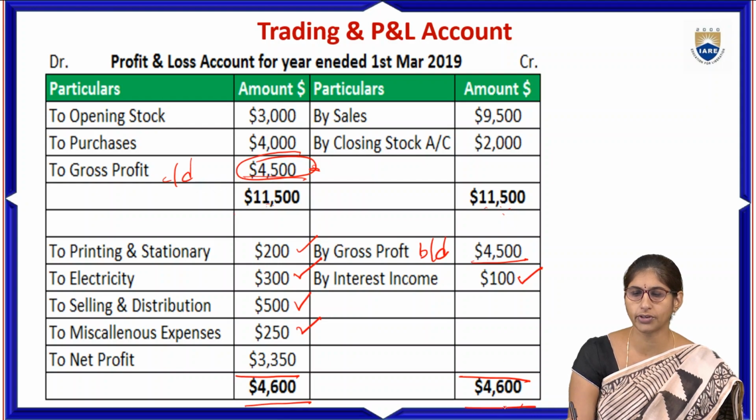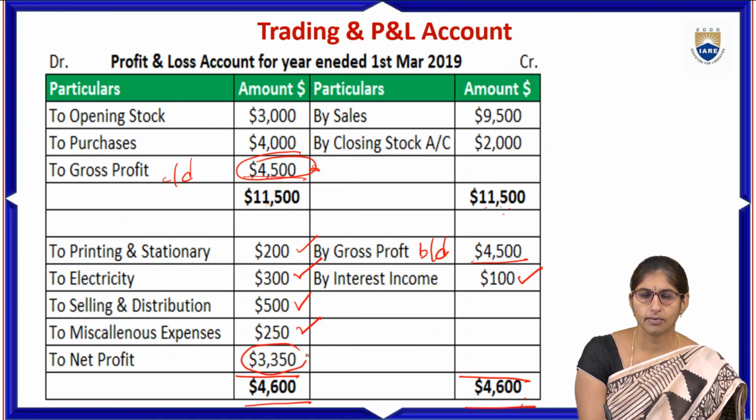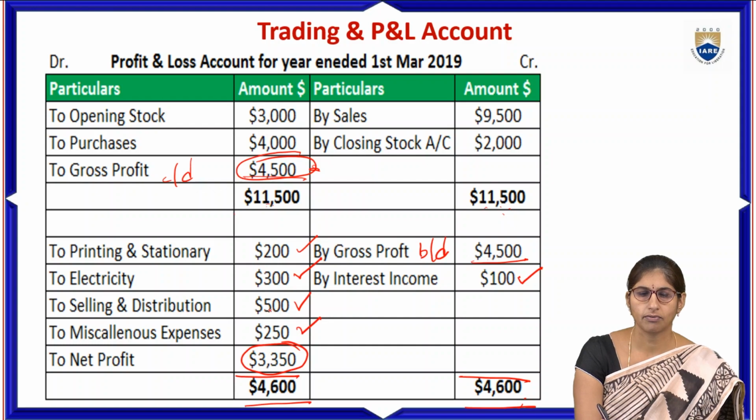So the total of the credit side is 4,600. And the total of the debit side before entering the net profit is 200 plus 300, 500 plus 500, 1,250.